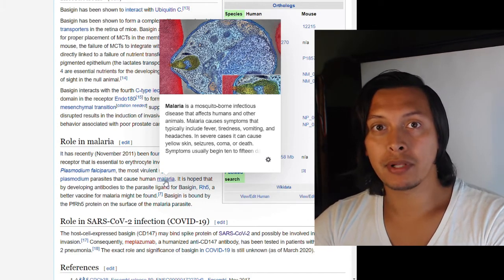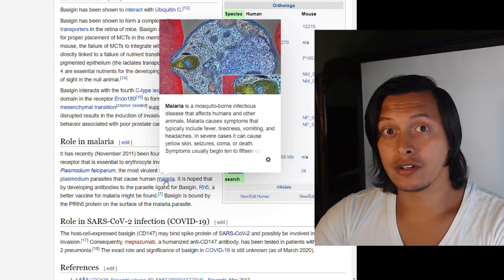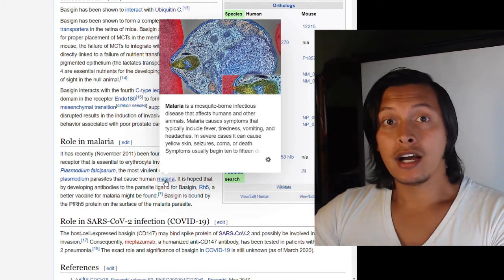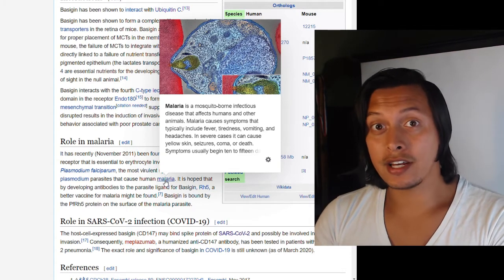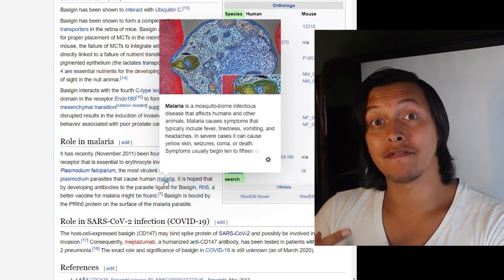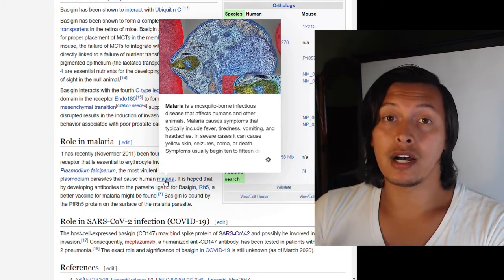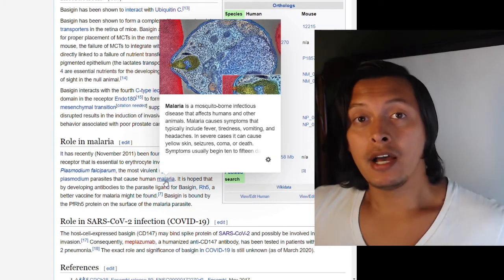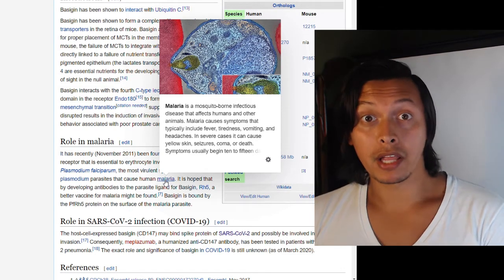And granted, it doesn't matter if the red blood cells have nuclei or not. Plasmodium is a parasite. It doesn't need the nucleus. It doesn't need the ribosomal material to multiply. They just need to find nutrients. These nutrients are in the red blood cells, and by using CD147, Plasmodium is able to infiltrate them and help cause malaria.